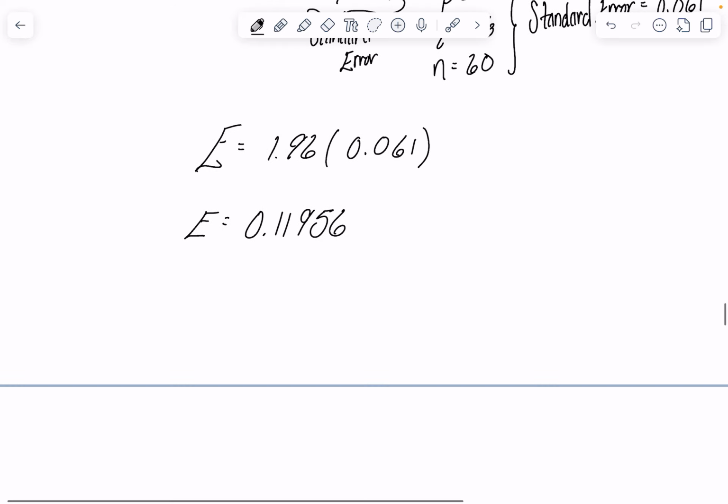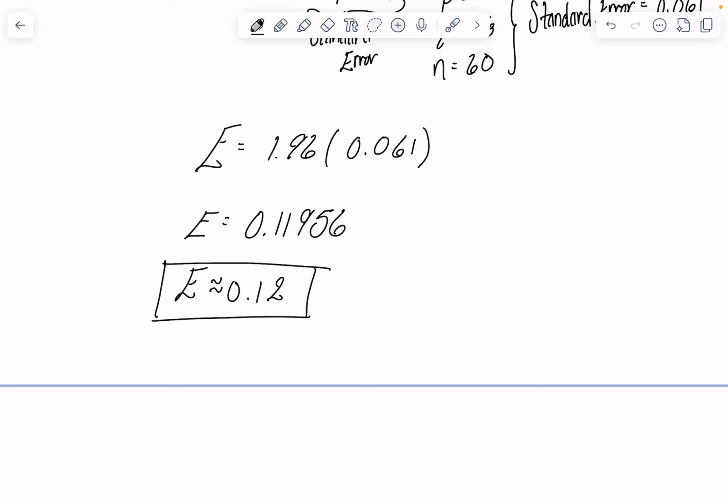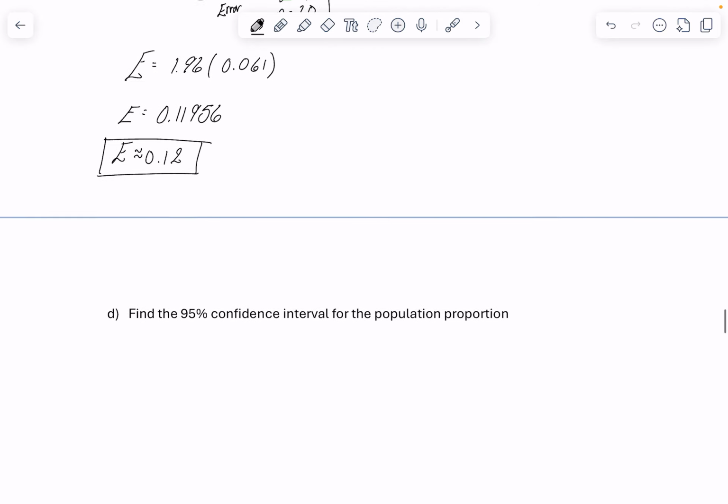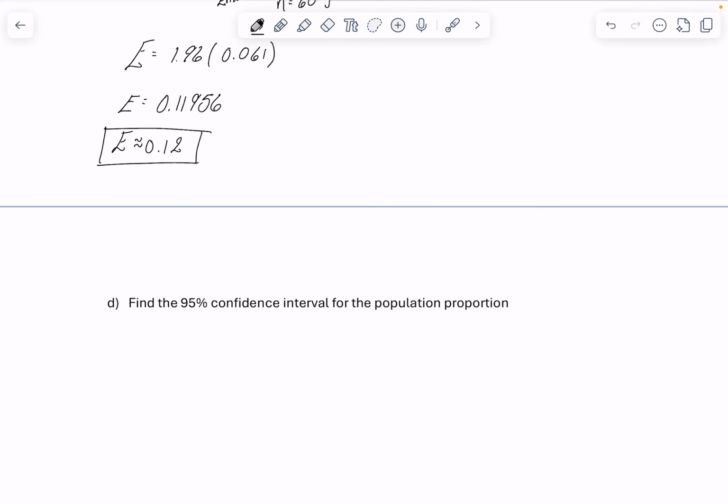So I'm going to round it to 0.12, just for simplicity. Okay. Last but not least, we want to find the 95% confidence interval for the population proportion.